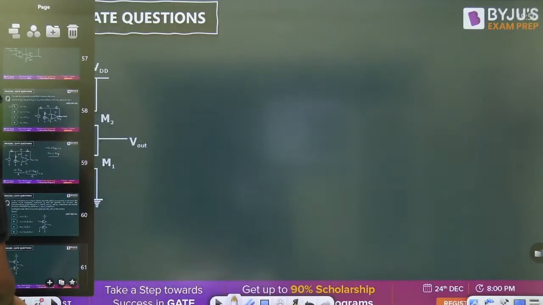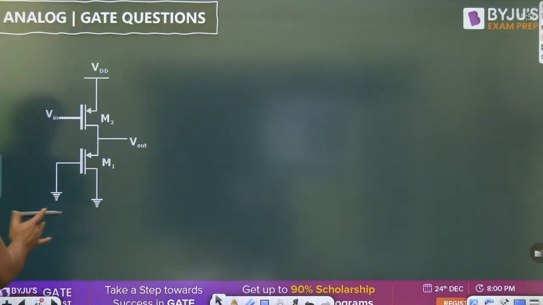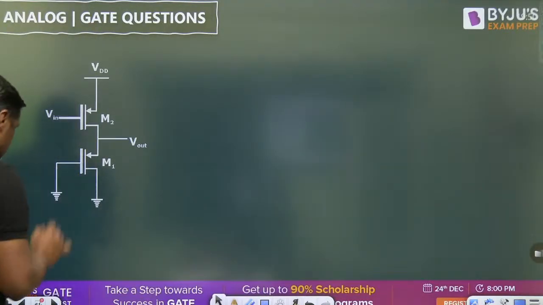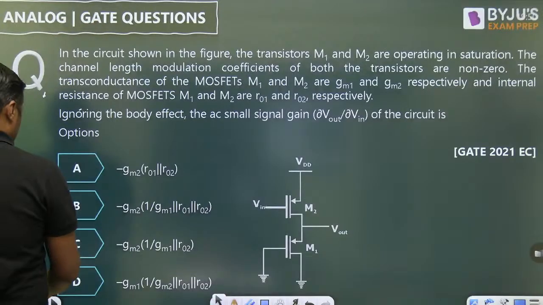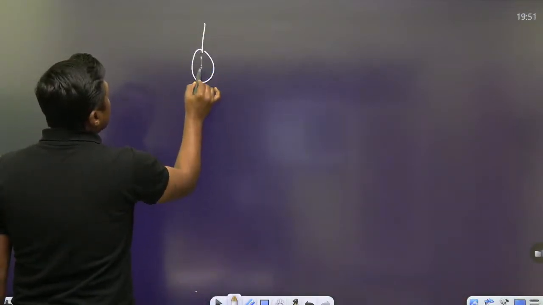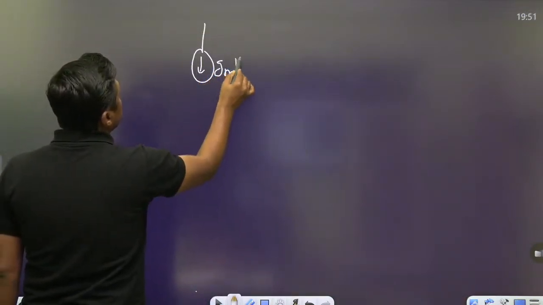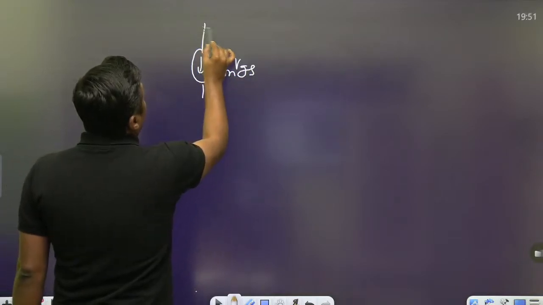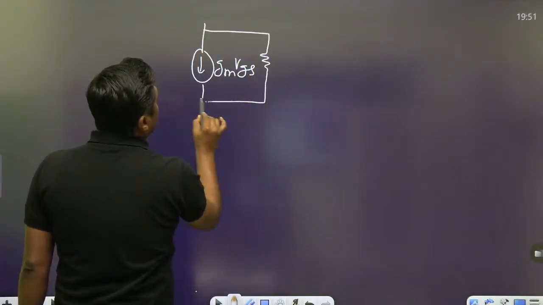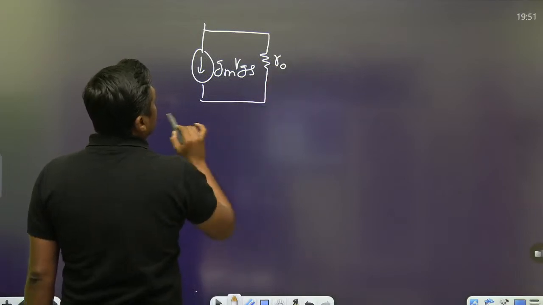Now you have to draw the small signal model. First of all, what is the small signal model for a MOSFET? Remember one thing, this is the gm VGS, and here rd is connected. rd is called r0, right?